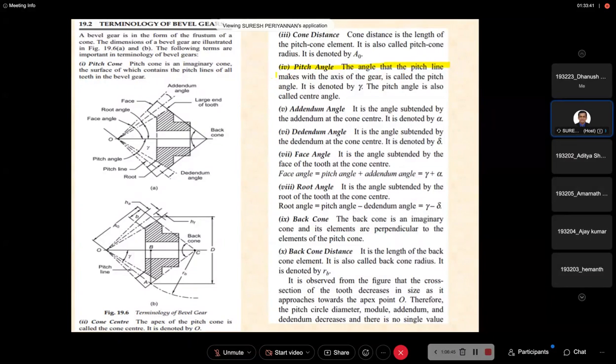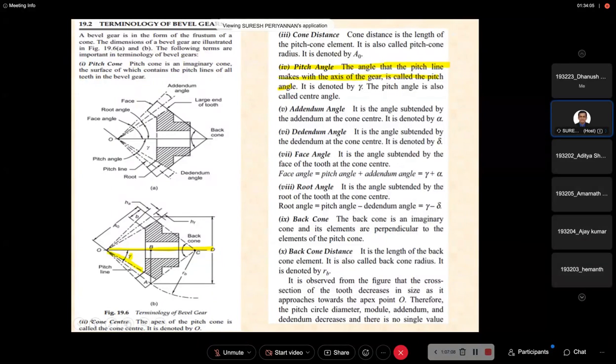The angle that the pitch line makes with the axis of the gear is called the pitch angle.